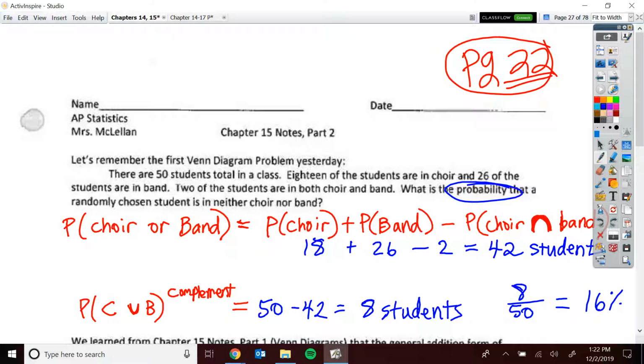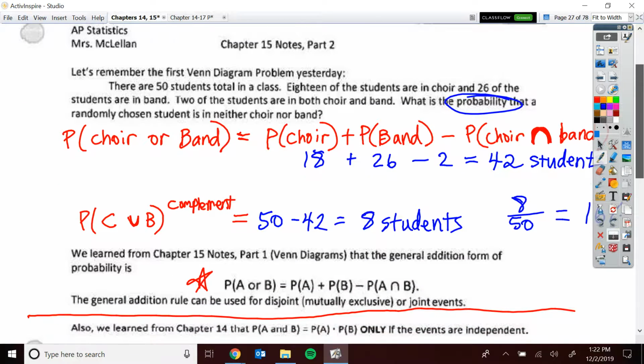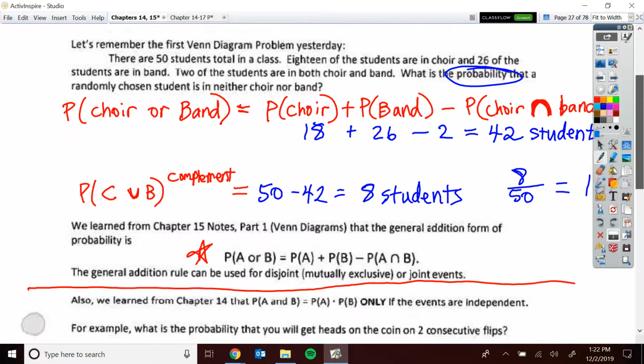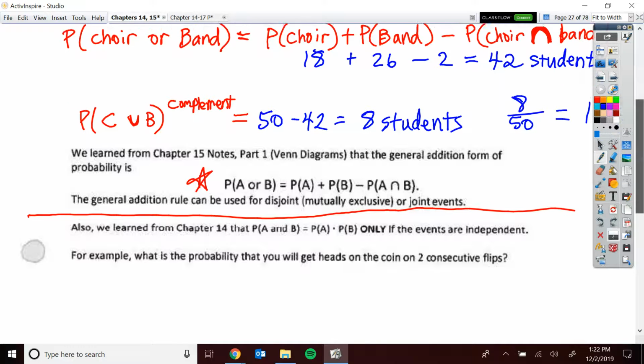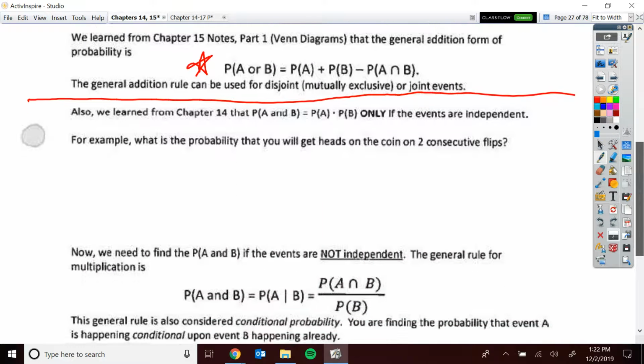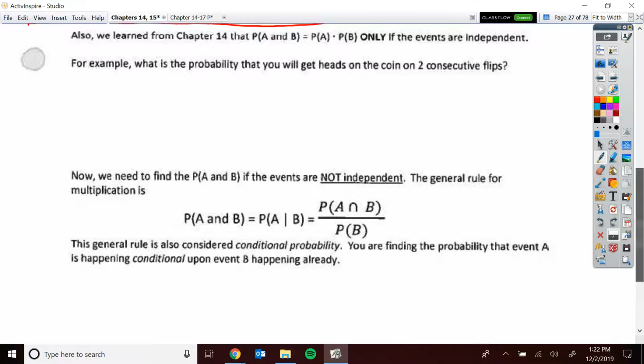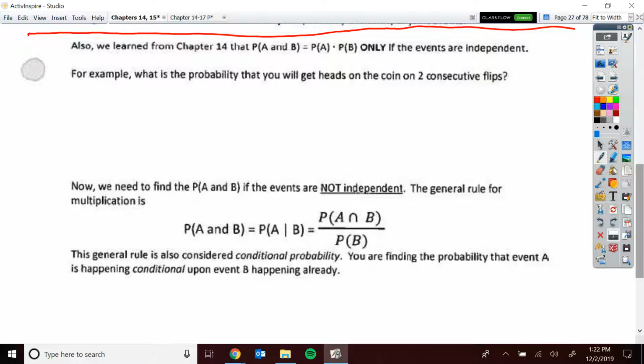Okay, so go on to page 22 and let's finish learning. So we already did this top part of page 22, the not disjoint events and how you add them and subtract the overlap. But let's look at the bottom half of page 22. So we know what happens if the events are independent, like a coin flip and another coin flip.